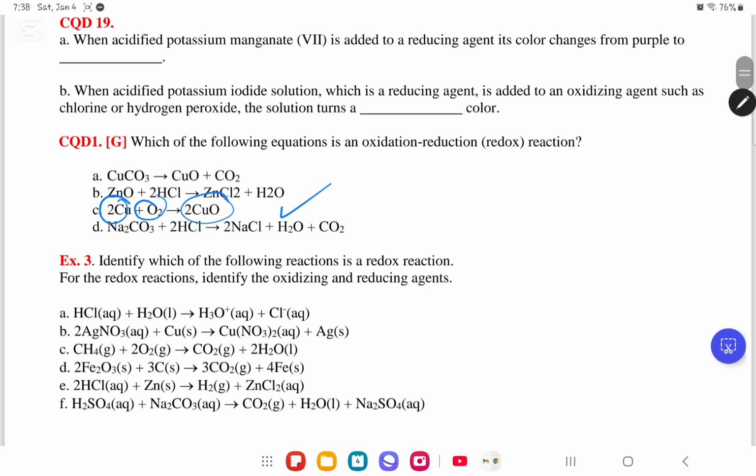You can do it like this, but if you want to verify it even more, you can apply the oxidation number rule. So if you want to use the coefficients, in this case it's going to be 2 times plus, for the elements it's 0 plus another element, it becomes 0, will give us 2 times the oxidation number of Cu, which is plus 2, and then 2 times the oxidation of oxygen, which is minus 2.